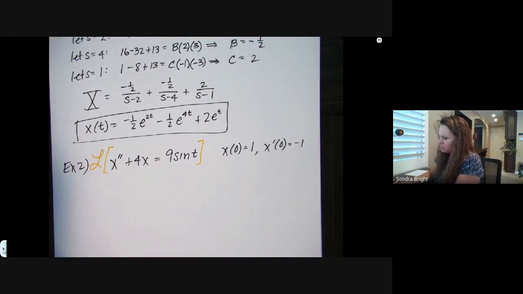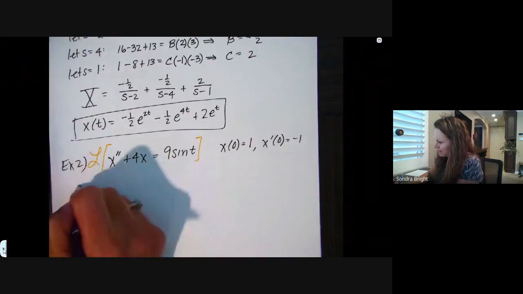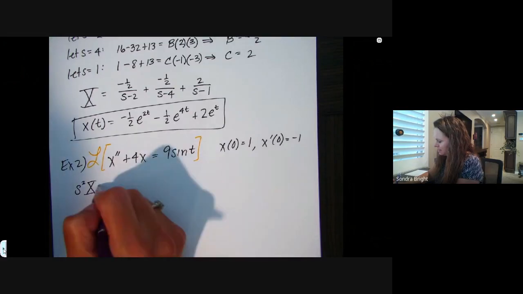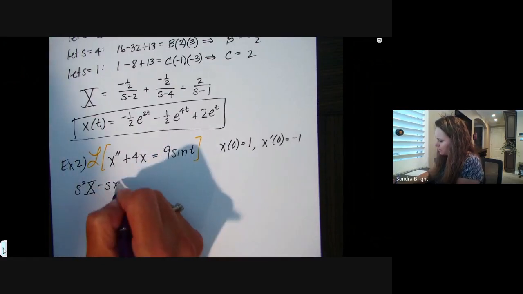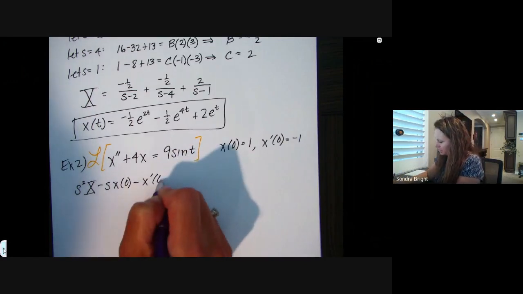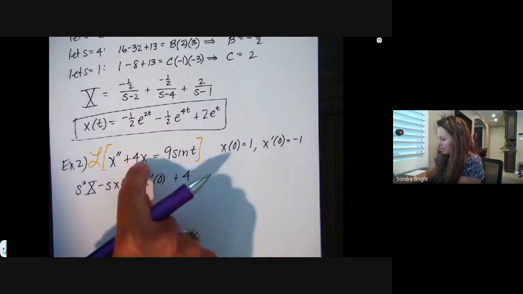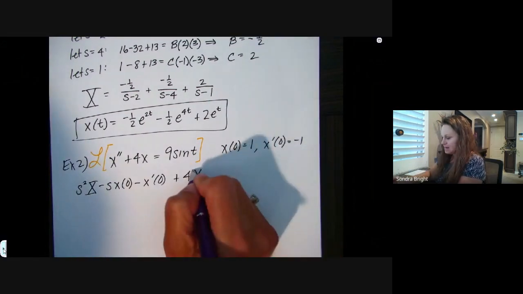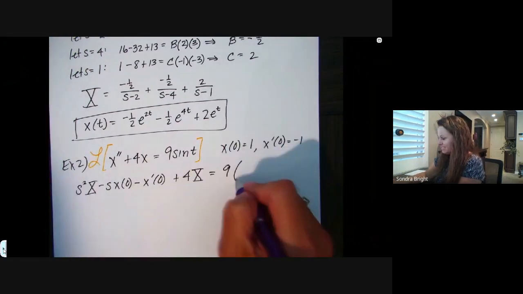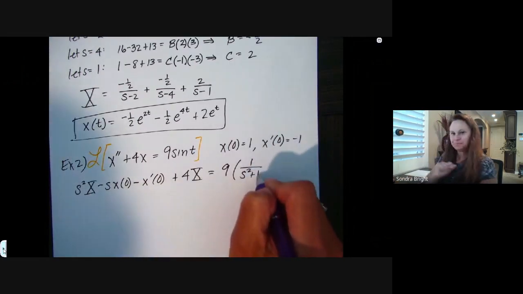Where when you do a Laplace transform on x double prime, it's s squared times capital X minus s times x of 0 minus x prime of 0. That's the Laplace transform of x double prime. But plus 4 times the Laplace transform of x, which is just capital X, and then 9 times the Laplace transform of sine of 1t, so it's 1 over s squared plus 1 squared.